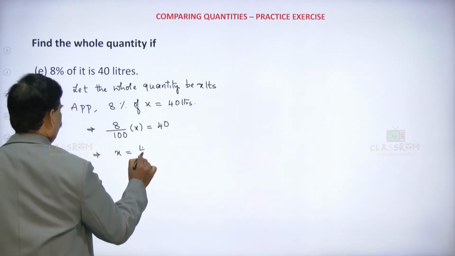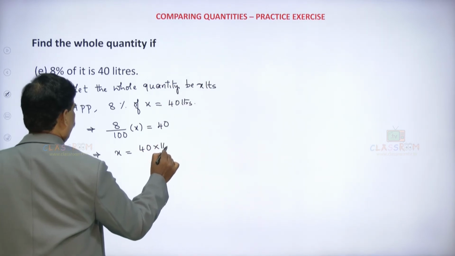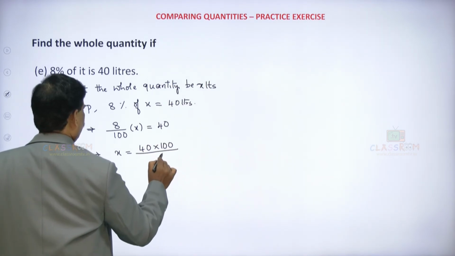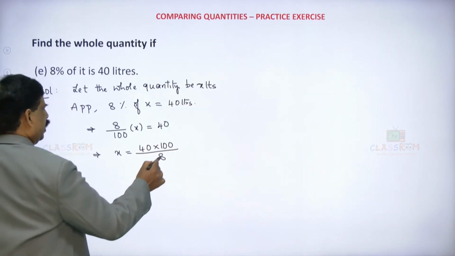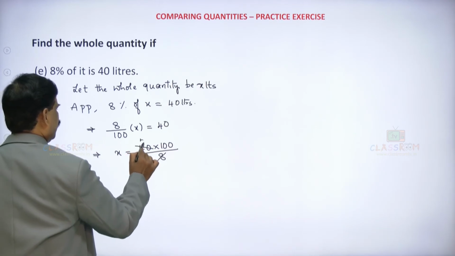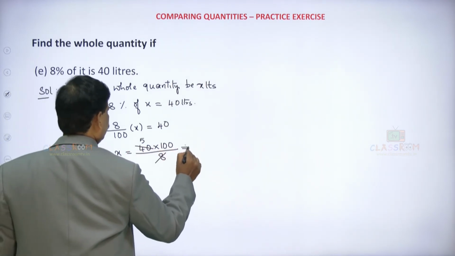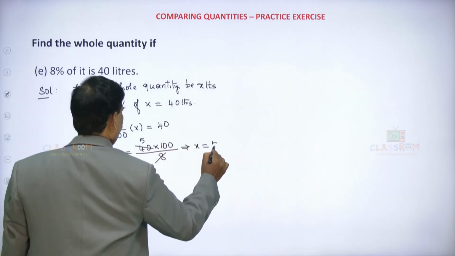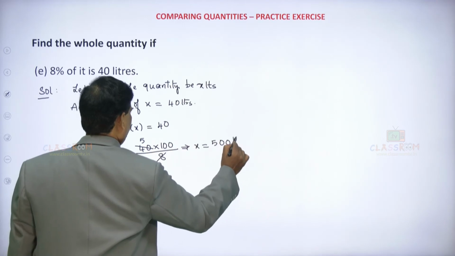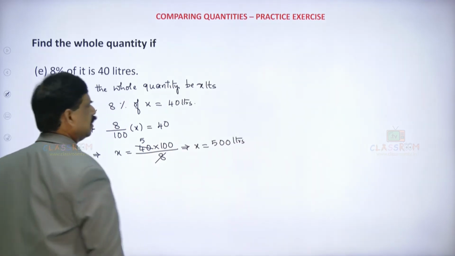So x is equal to 40 into 100 by 8. 8 1s are 8, 8 5s are 40. So 5 into 100, 500 liters. Clear?